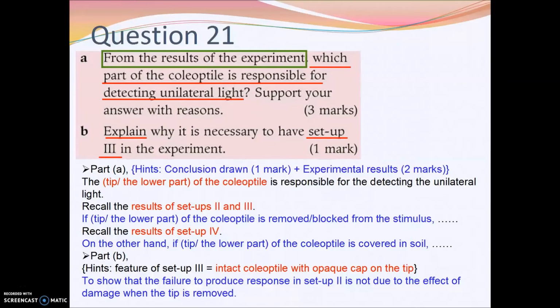You may even kill the plant already, so there is no result at all. That's why we have setup 3, to cover the tip but with an intact coleoptile. Without the tip sensing light, we know that it keeps growing but without bending. So at least there is some factor from the tip.